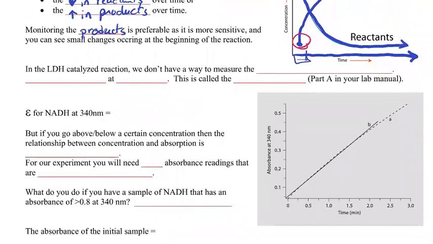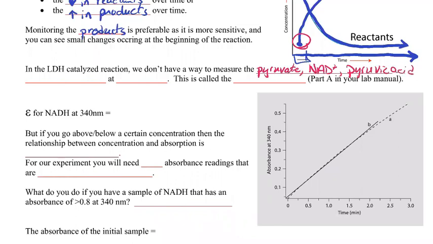So in our lactate dehydrogenase catalyzed reaction, we really don't have a way to measure pyruvate. We don't have a way to measure NAD. And we don't have a way to measure pyruvic acid.